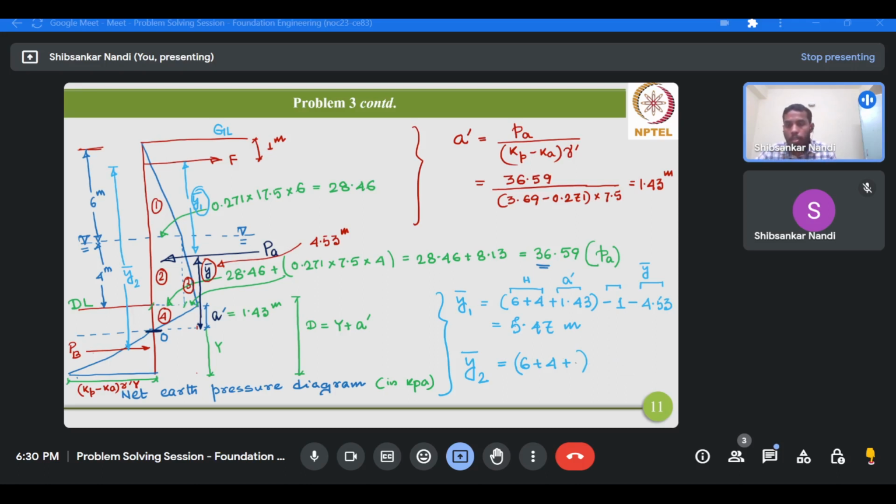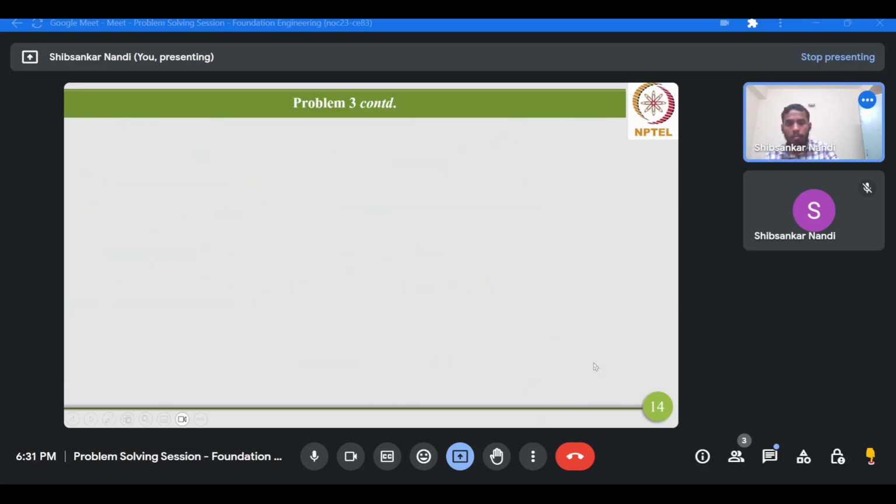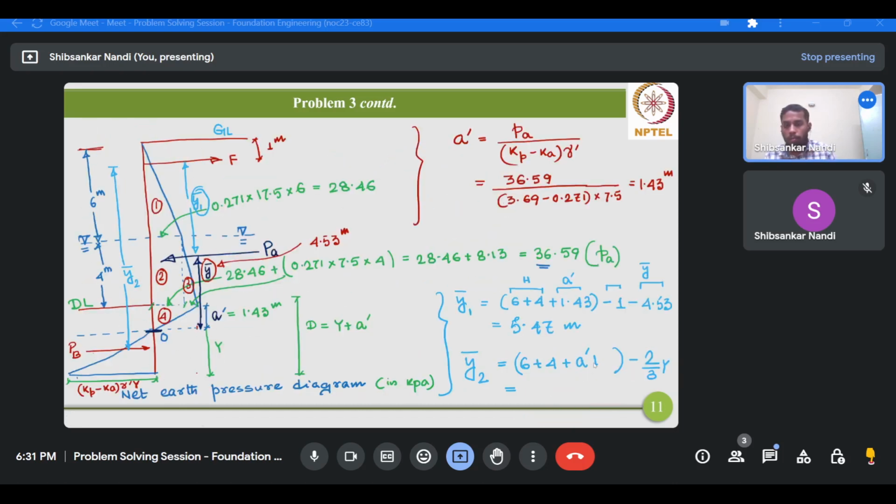Therefore this will be 6 plus 4 plus a prime minus 1 plus 2/3 of y.